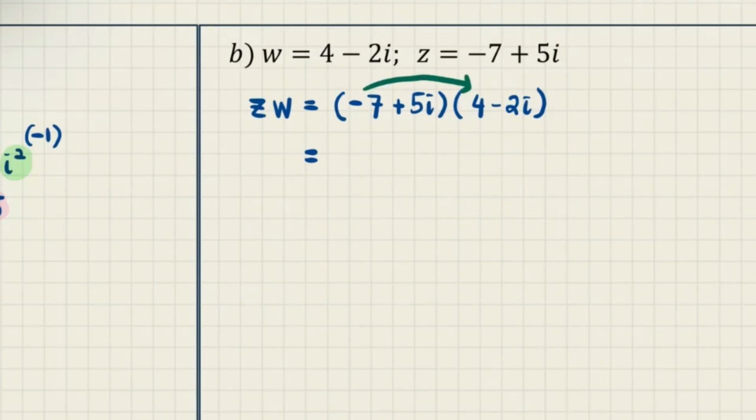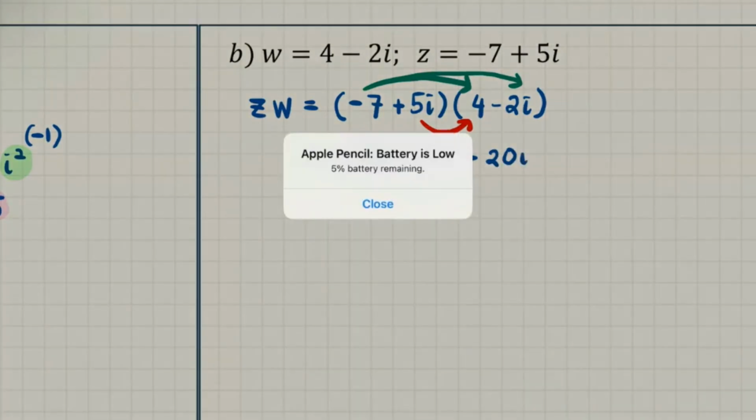Negative 7 darabkan dengan 4. So kita dapat negative 28. And negative 7 multiplied by negative 2. So negative will be positive. So plus 14i. Okay. Kemudian 5i darabkan dengan 4. So we have 20i.